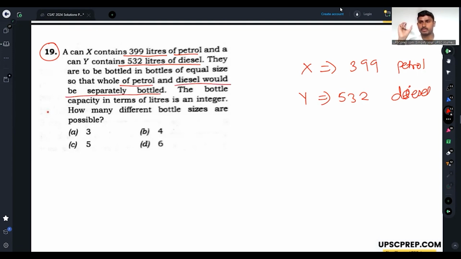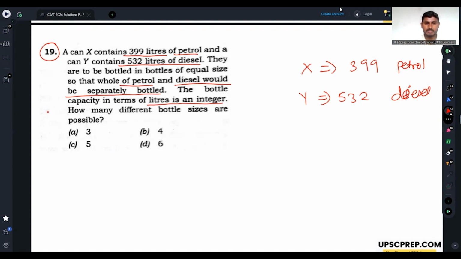So we have to bring a small volume of bottles, equal sizes of bottles, if you want to store petrol and diesel into small bottles. The bottle capacity in terms of liters is an integer, that should be integer, that should not be a fraction.